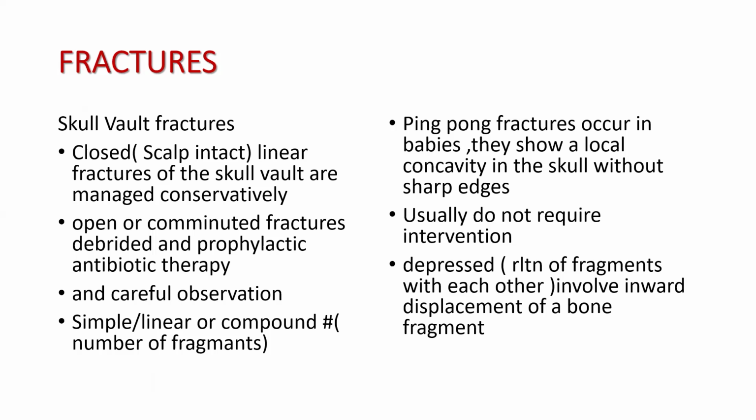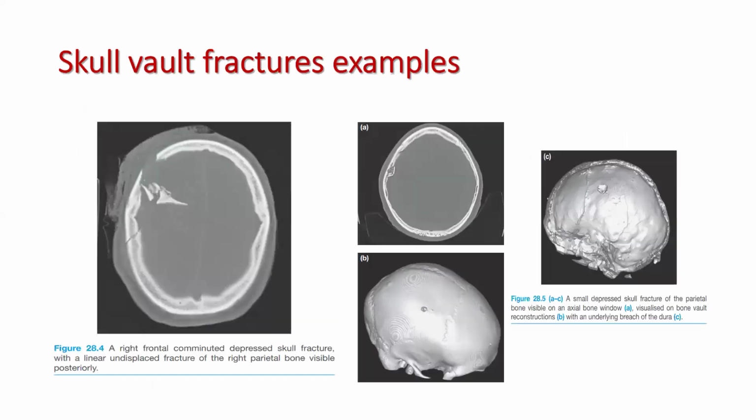Then we can also have depressed skull fractures. This is talking about the relationship of the fragments of the fractures with each other, and the depression involves inward displacement of the bone fragment.